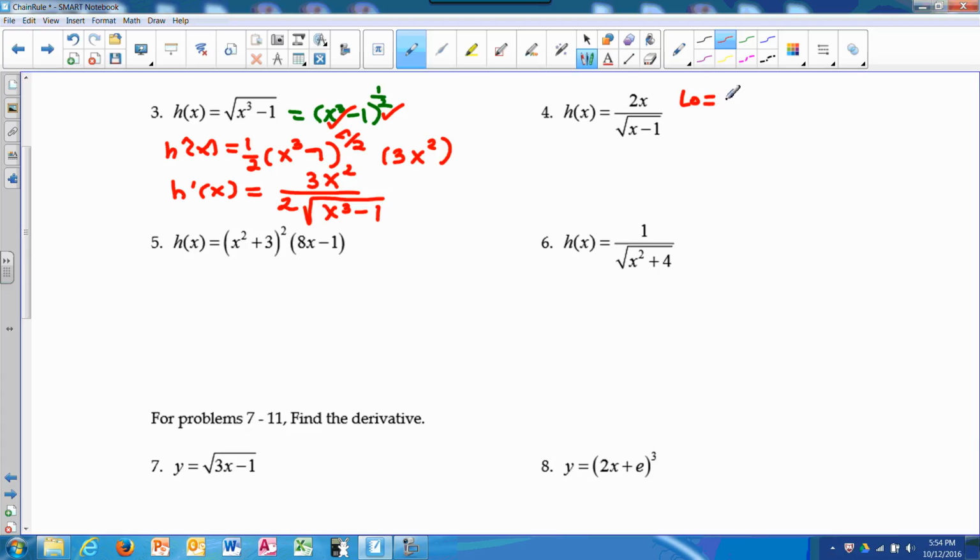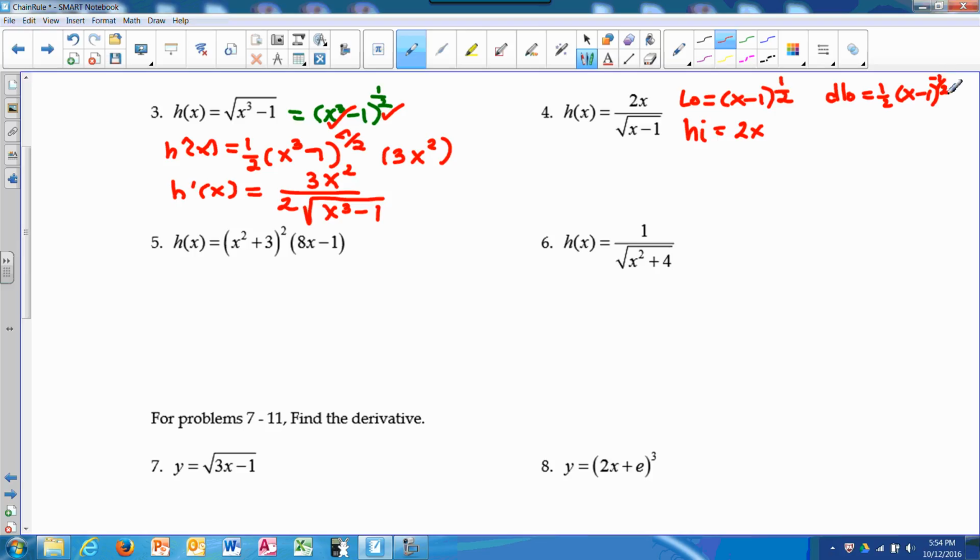We're going to jump over and do number 4, since it's a quotient rule. I'm going to write my low as x minus 1 to the 1/2 power. My high is 2x.